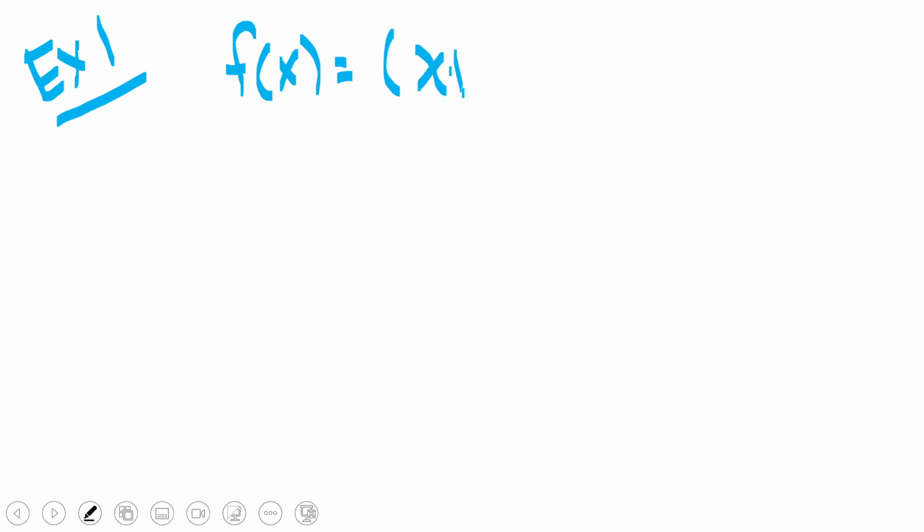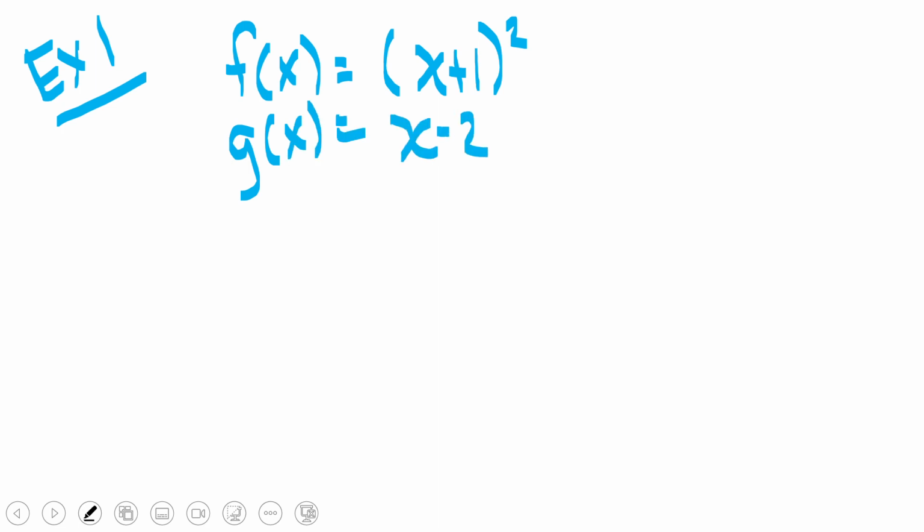Our first example, you're asked to write the function rule for each expression. We have a function f of x equals x plus 1 squared and a function g of x equal to x minus 2.